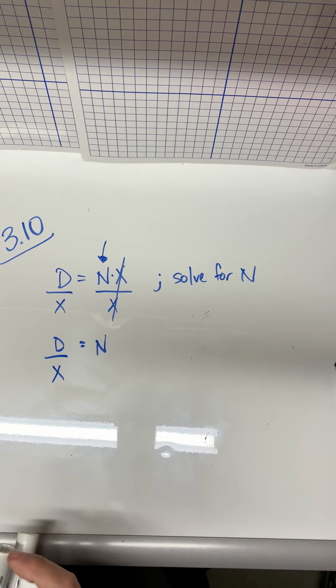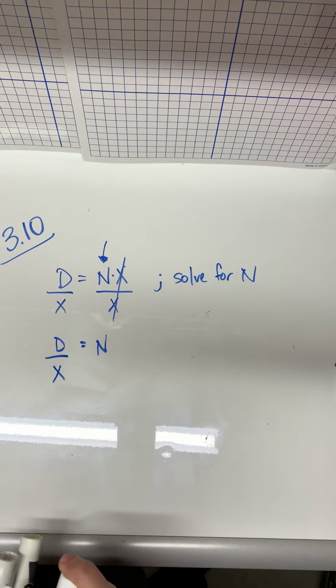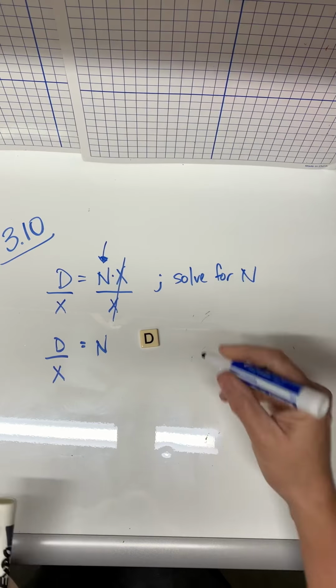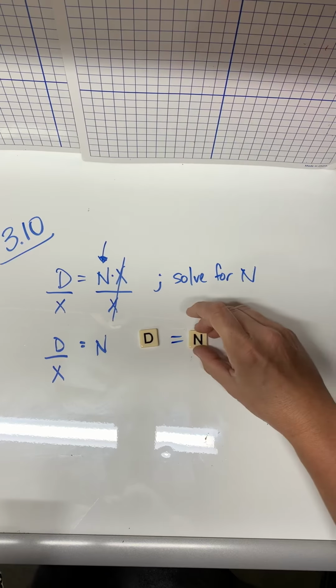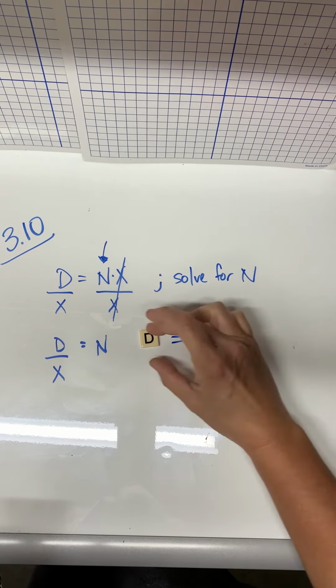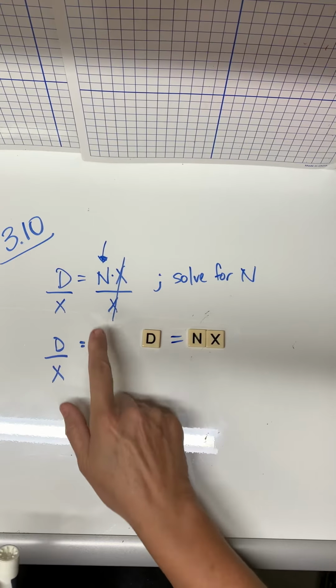Something that's interesting is when we don't have a whole bunch of numbers to compute, we can almost look at this as a movement, kind of like a dance movement. So let's say I had d equals nx, and I wanted to solve for n just like I did here.